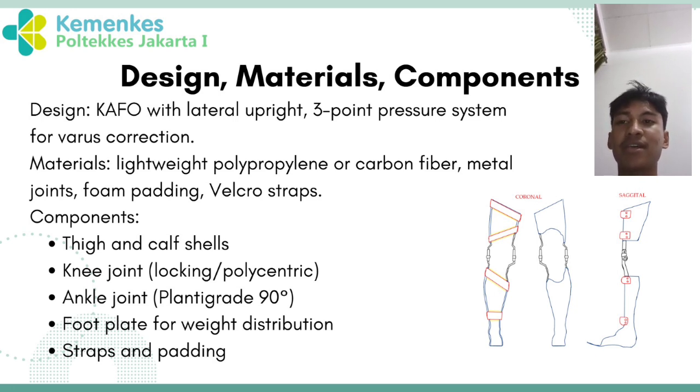The components are thigh and calf shells. The knee joint is locking or polycentric, and the ankle joint is plantigrade 90 degrees and fixed. Then a footplate for weight distribution, and last are straps and padding.